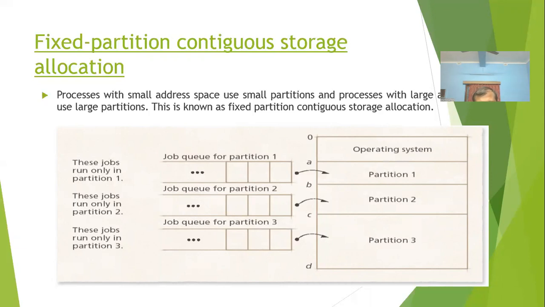Same for partition 2 and partition 3. Now, what happens is that processes with small address space use small partitions and processes with large address space use large partitions. So this is known as the fixed partition contiguous storage allocation scheme.